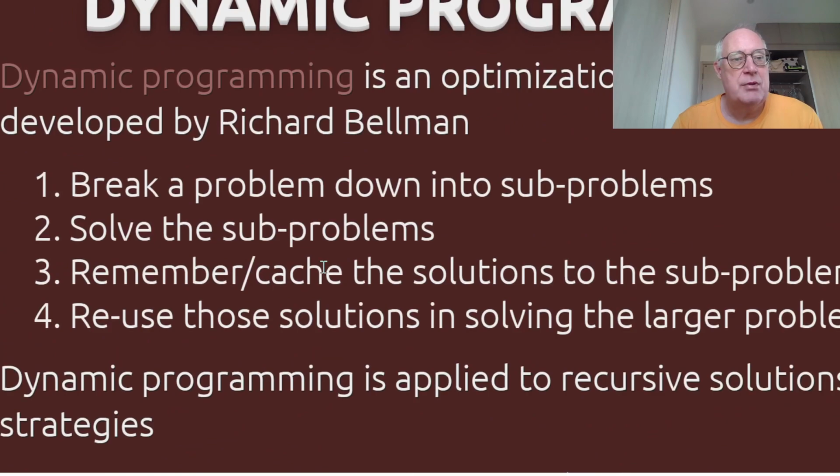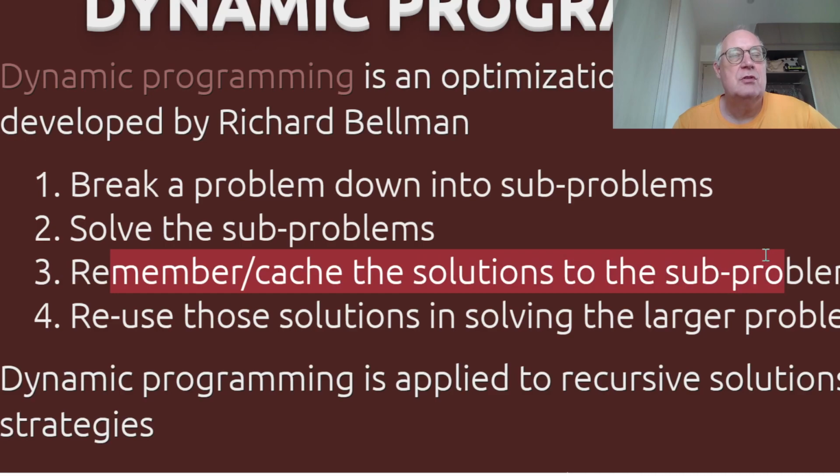So now dynamic programming. You break a problem down into subproblems, solve the subproblems, and remember to cache the solutions to the subproblems. Then, after you solve the ones that you need, reuse those solutions when solving the larger problem.